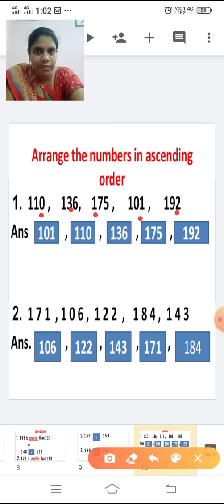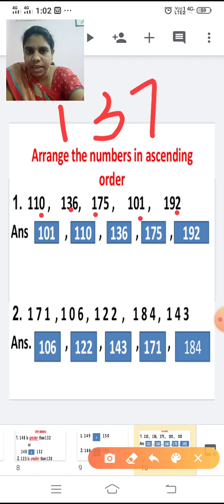Out of these 5, which is the smallest number? I think you all know to compare the numbers, right? First see the hundreds place. In all the numbers we have 1 in the hundreds place. Now compare the tens place and see which is smaller. In first number we have 1, second number 3, then third number 7, fourth number 0 and last number 9.